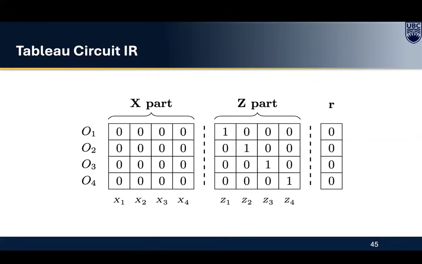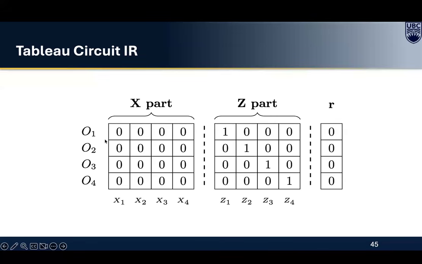For the second issue, we want to represent those circuits more efficiently. We can't really do this directly with the Clifford plus T circuit, but we are able to do this with this Tableau circuit IR for the Pauli product rotation operations that we choose to use. So there's this Tableau data type.